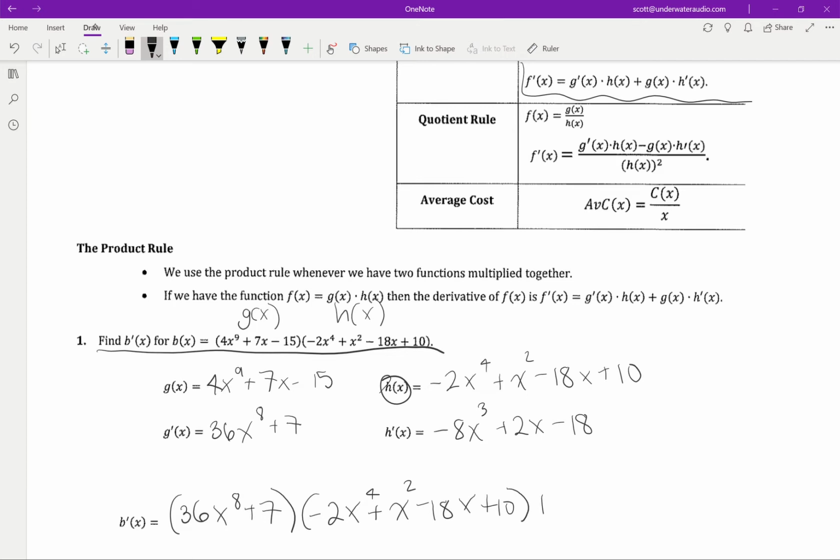And then plus g, which is my first function, 4x to the 9th plus 7x minus 15, and then times h prime of x, let's see if I can fit that, minus 8x cubed plus 2x minus 18.